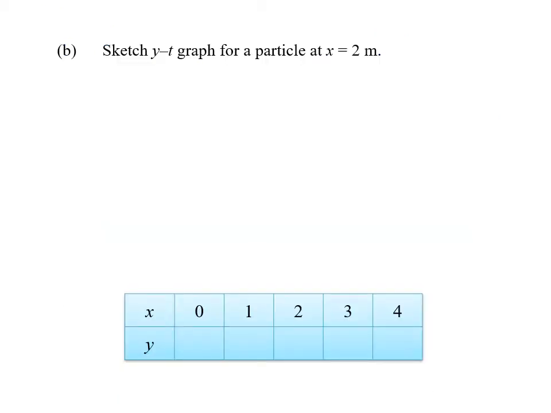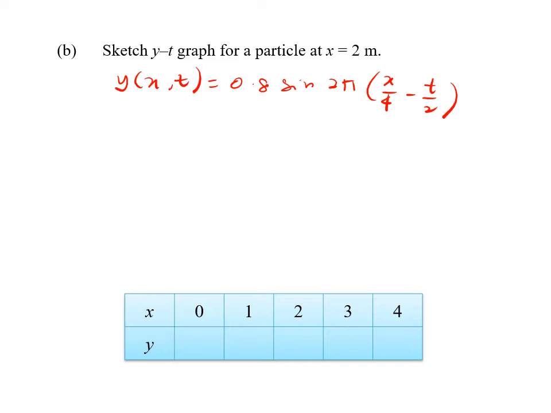Okay, you need to sketch the y against t graph for a particle at x equal to 2 meters. So regarding our equation y in terms of x and t, which is equal to 0.8 sine 2 pi times x over 4 minus t over 2, you have to substitute the value of x.